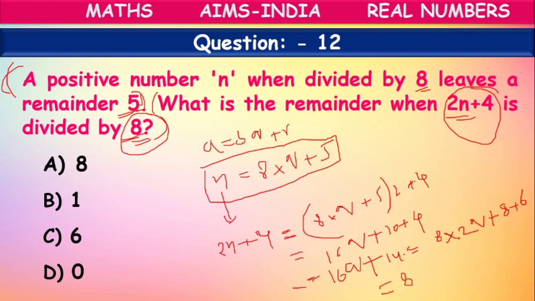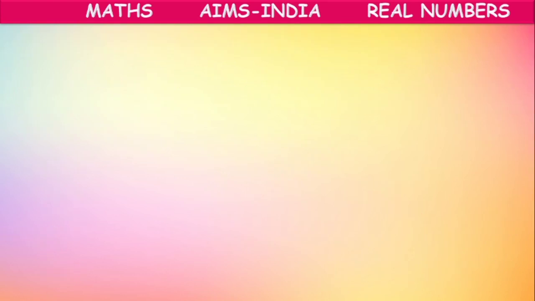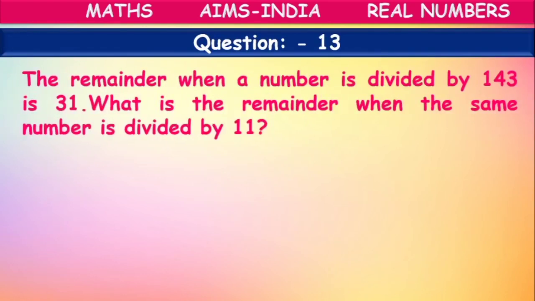If I take 8 as common from these two, here 2q will be remaining plus 8 one time, 8 will be remaining, plus 6 we can write separate. So 8 is the divisor, 2q plus 1 is the quotient, 6 is the remainder. Now they are asking what will be the remainder. So answer 6 is the remainder. Okay, children, let's see another question.